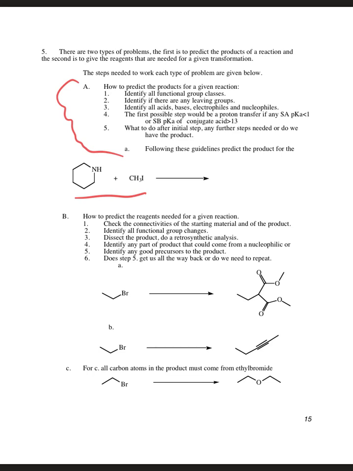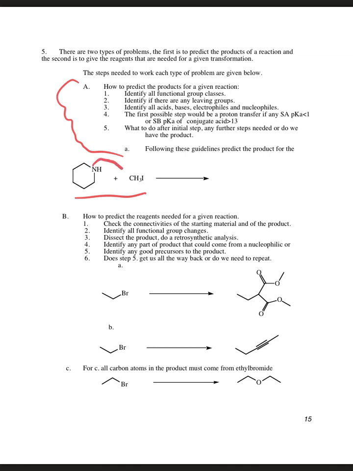So then, do we have any bases or acids? We have the amine. It's a weaker base, not a strong base. And the electrophile would be the methyl iodide, and the nucleophile would be the amine. And there are no strong acids or strong bases, so a proton transfer isn't the first step.